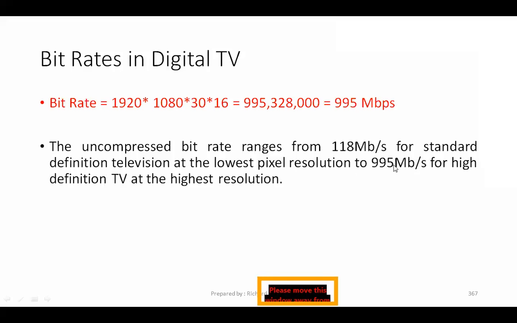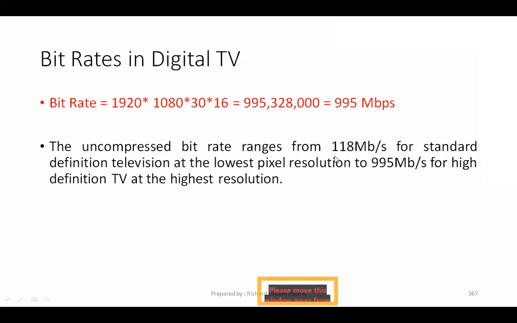So for a standard television we need about 118 Mbps at the lowest resolution, up to 995 Mbps for high definition. If you're just using a normal television, then it would need about 118 Mbps.